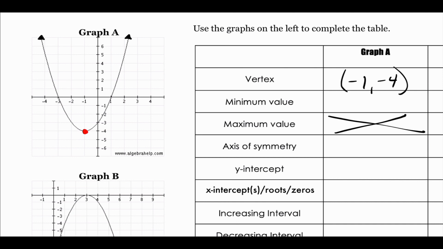They just want to know where the bottom is. So which one of these tells me the bottom? -1 or -4? -4, right? That's where the bottom is. -1 just tells me left and right. -4 tells me up and down. So the minimum is negative 4.